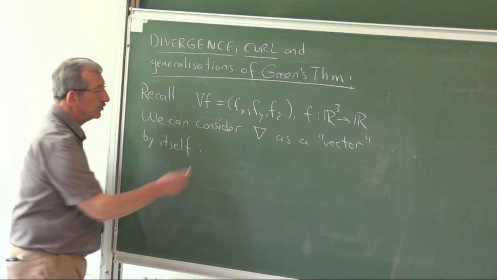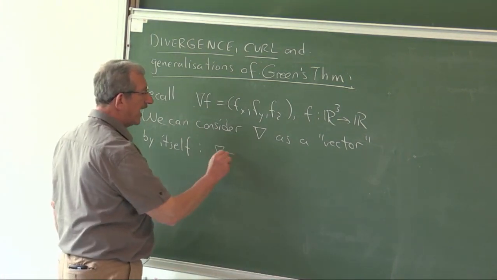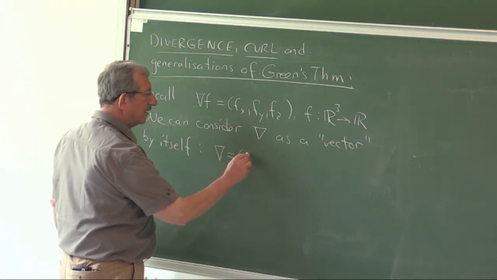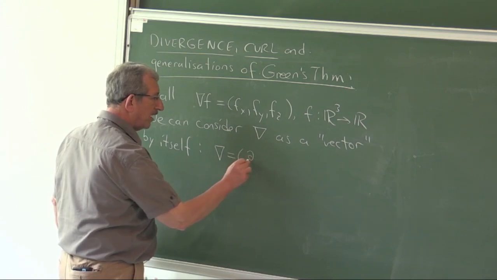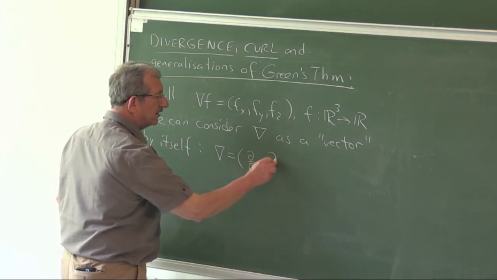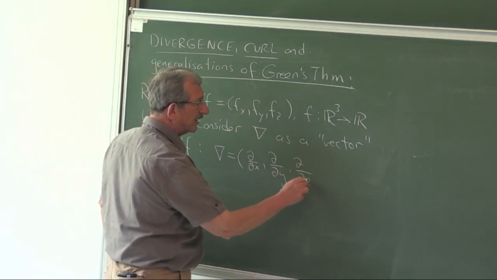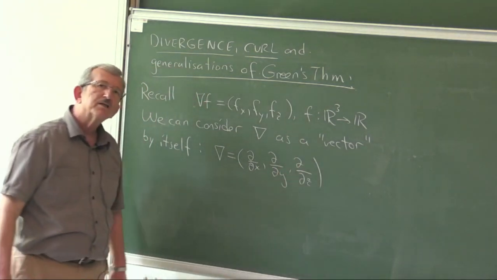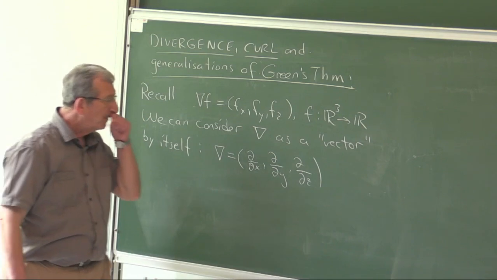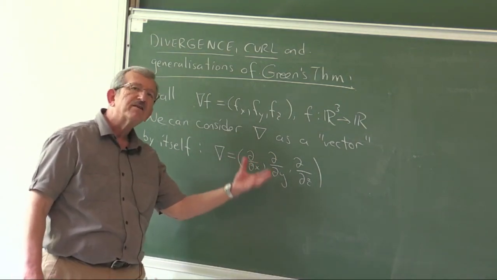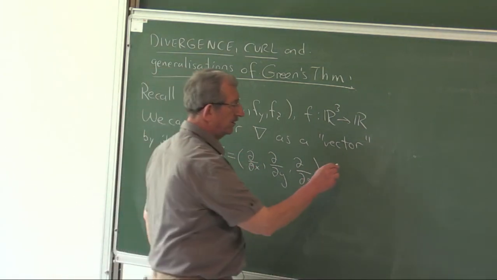As follows, we can write del as del by del x, del by del y, del by del z. Of course, this is not a usual vector, but a vector operator. Okay?